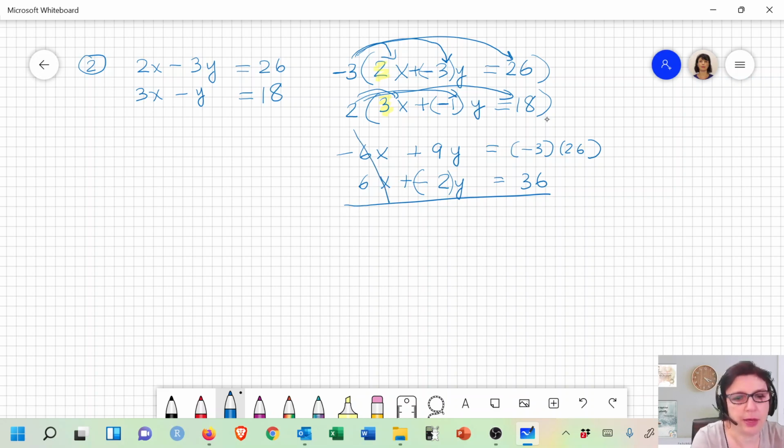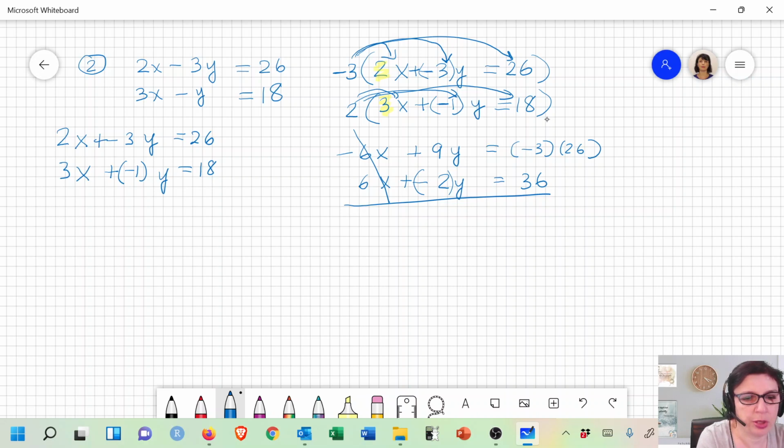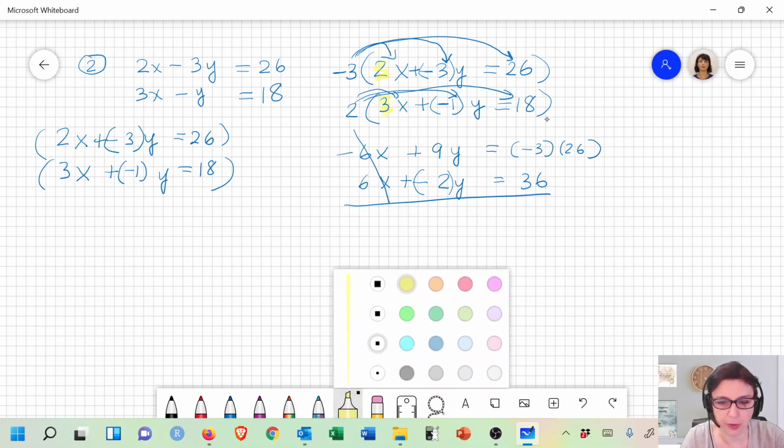Okay, the last thing I want to discuss is what would happen if I wanted to eliminate y here. So let's try to figure this out. I'm going to write them one under the other. So this one I'll write like plus -1y equals 18. And this one I'm also going to write plus -3. So if I'm trying to eliminate y, I've got to look at the numbers in front of y.